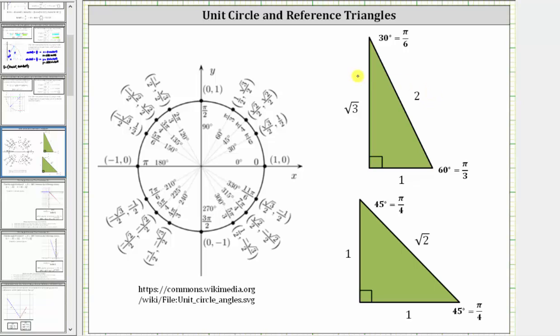Or on the unit circle, the terminal side of 60 degrees intersects the unit circle at this point here, where on the unit circle x equals cosine theta and y equals sine theta, verifying cosine 60 degrees is equal to 1/2, and sine 60 degrees is equal to square root of 3 divided by 2.